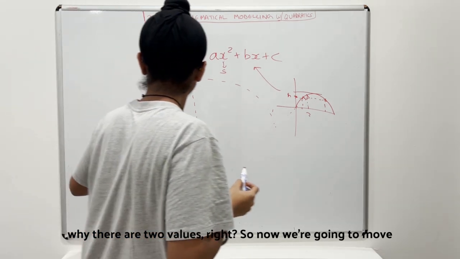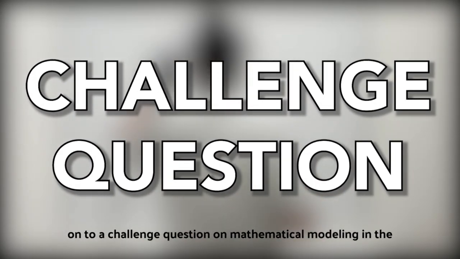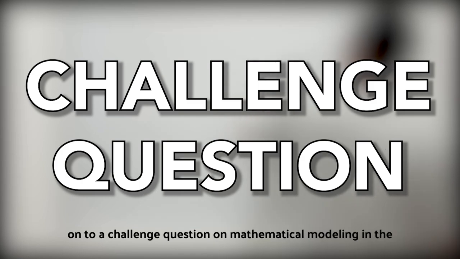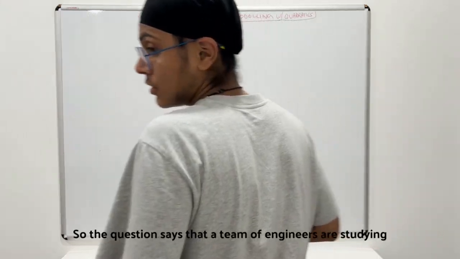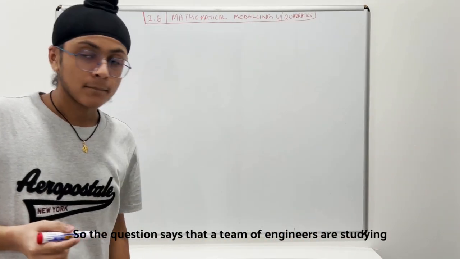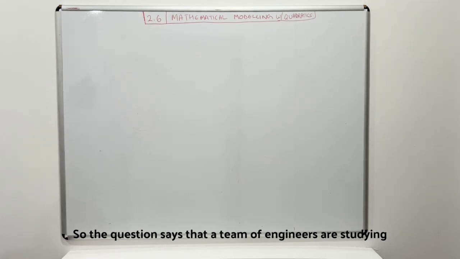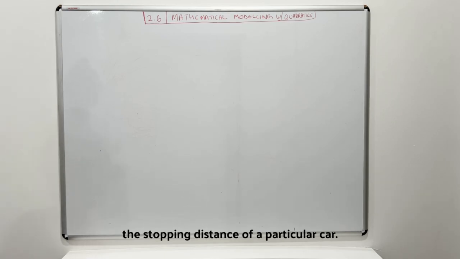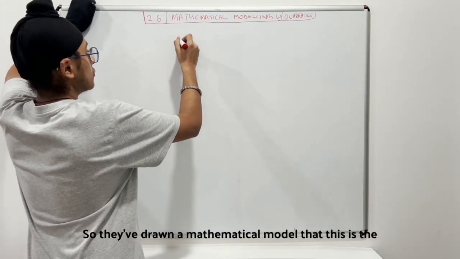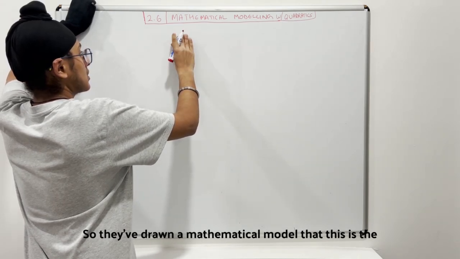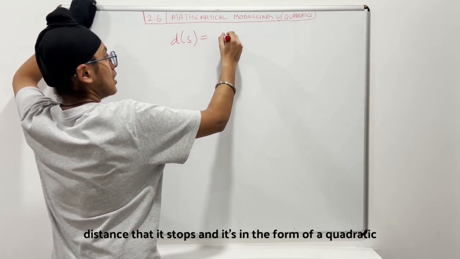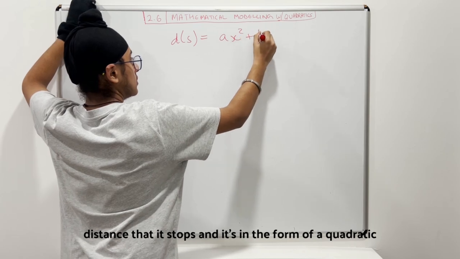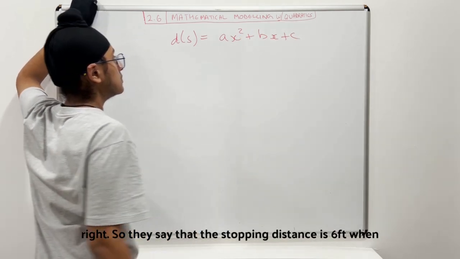So now we're going to move on to a challenge question on mathematical modeling in the Pure Year 1 book. The question says that a team of engineers are studying the stopping distance of a particular car. So they've drawn a mathematical model that this is the distance that it stops, and it's in the form of a quadratic, right?